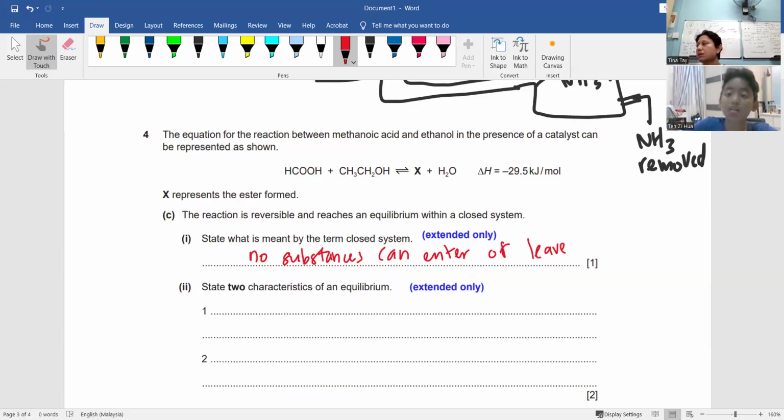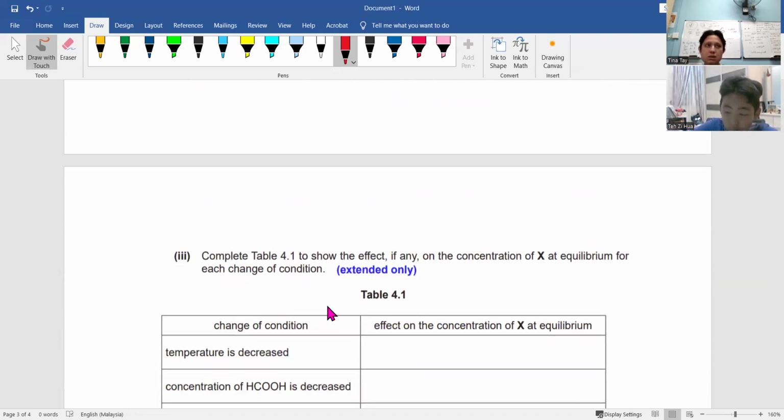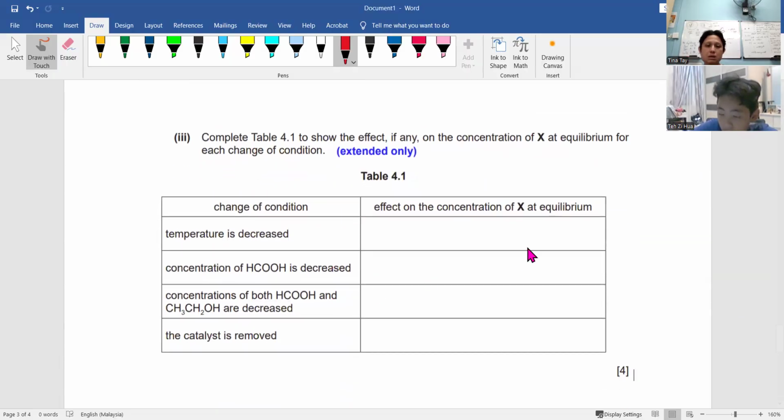Okay. So you wrote here increase, decrease, decrease, and no effect. Let's see whether it's correct. The temperature is increased.